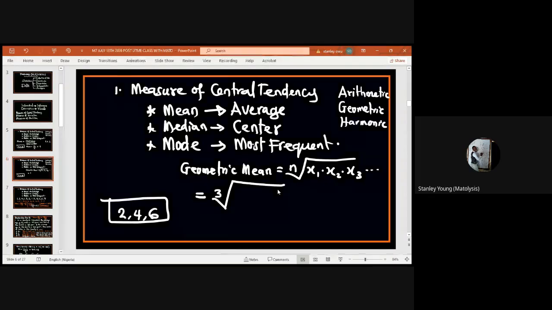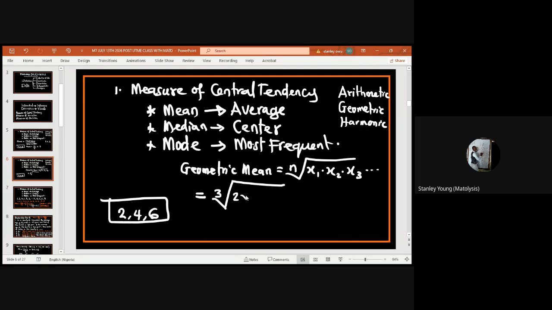That makes it cube root of 2 times what? 4 times what? 6. So that gives us cube root of, 4 times 6 is 24. 24 times 2 is 48. Cube root of 48.